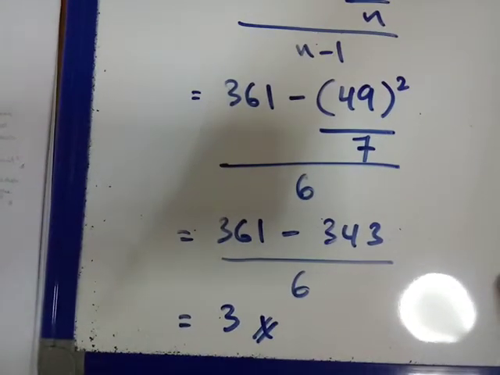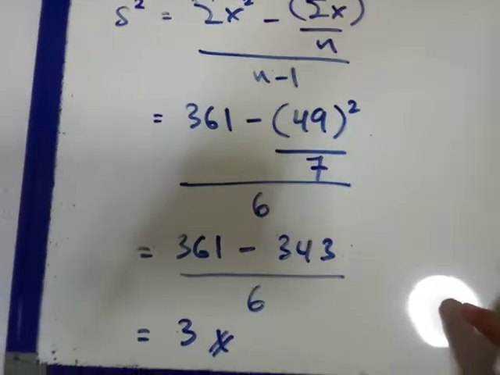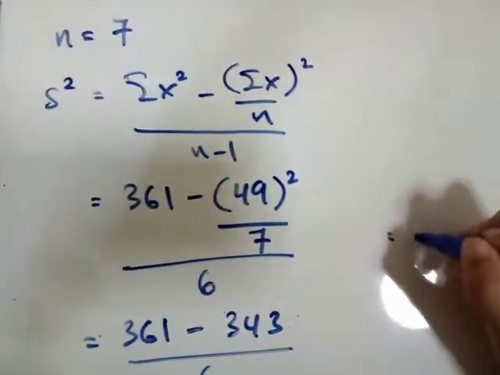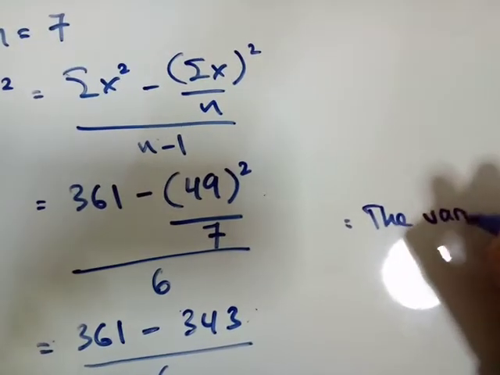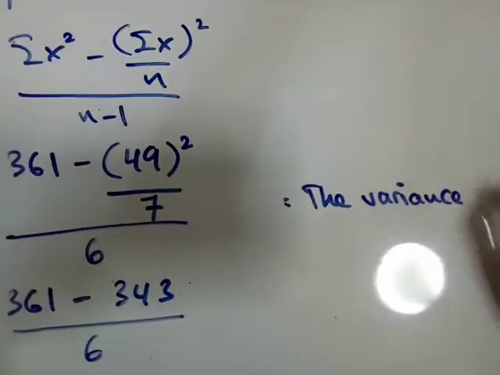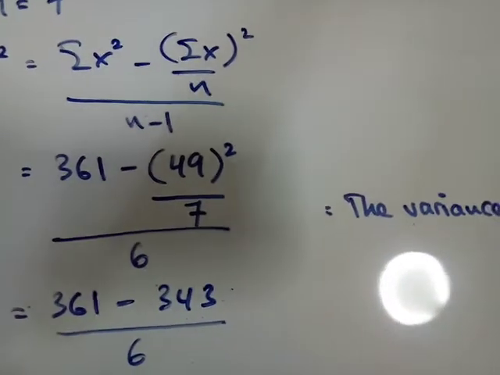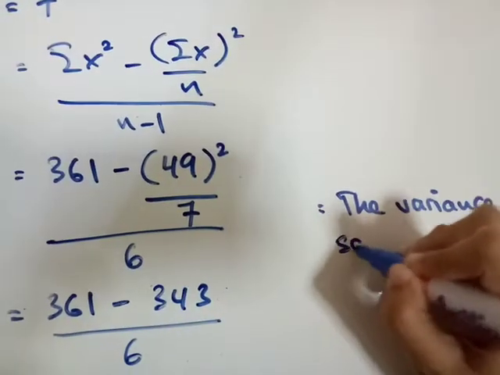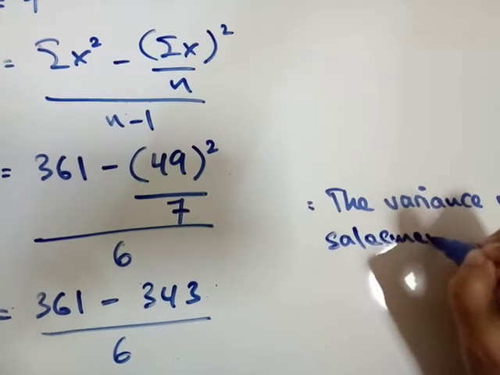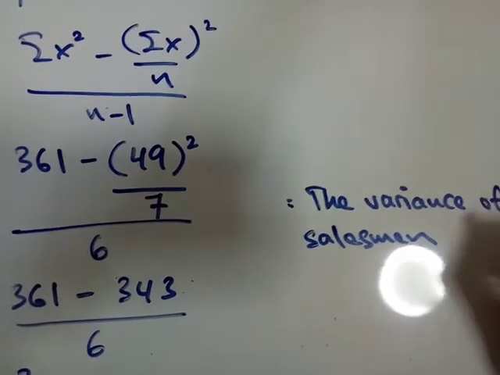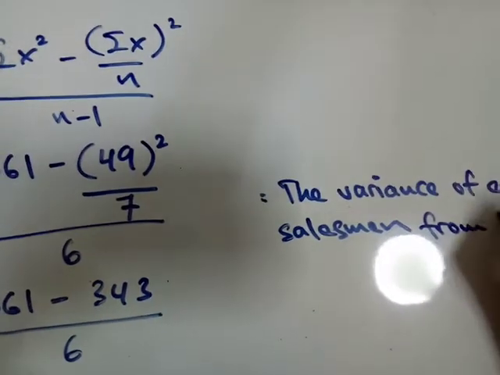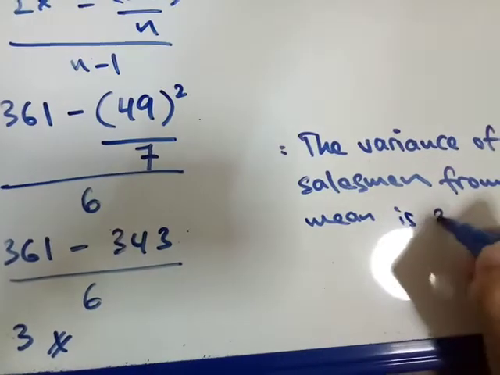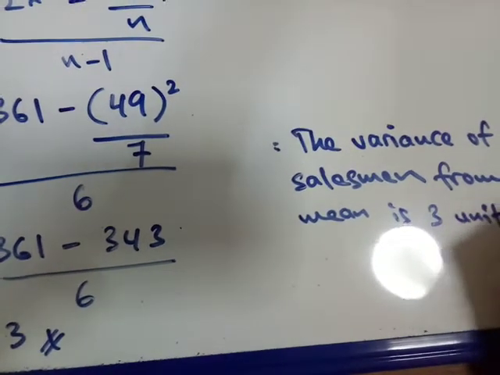Understand? So, how to interpret the variance? The variance, it is about salesmen, right? So the variance of each salesman from the mean is 3 unit square.